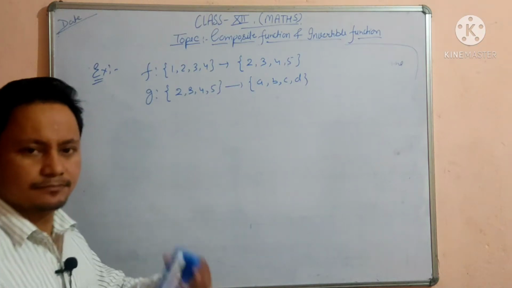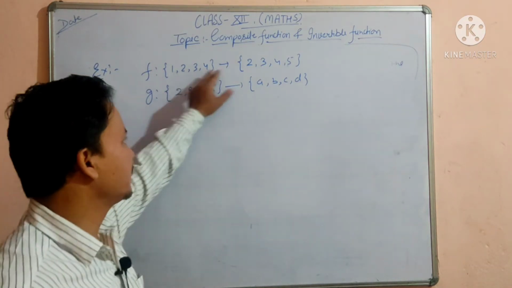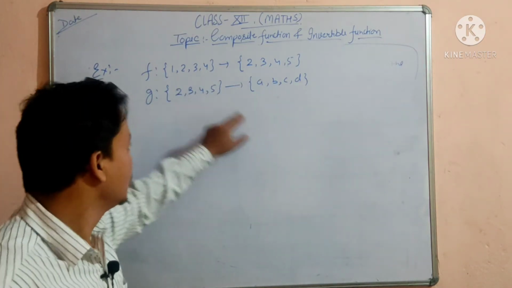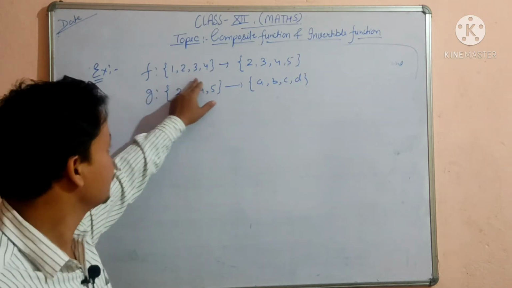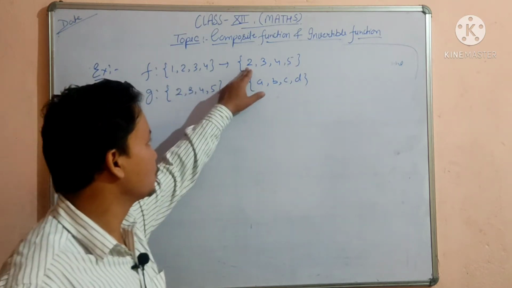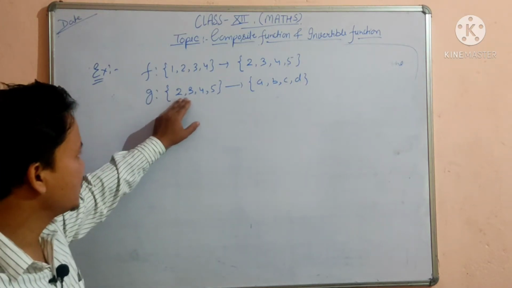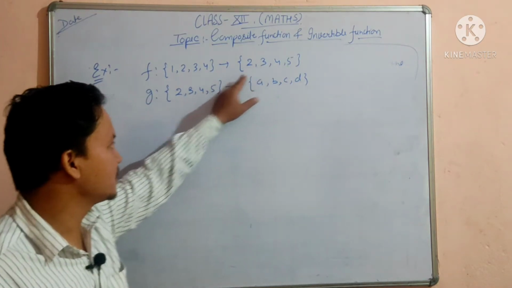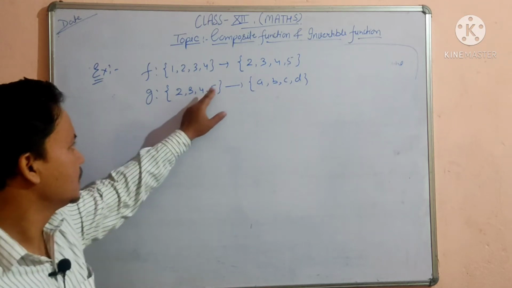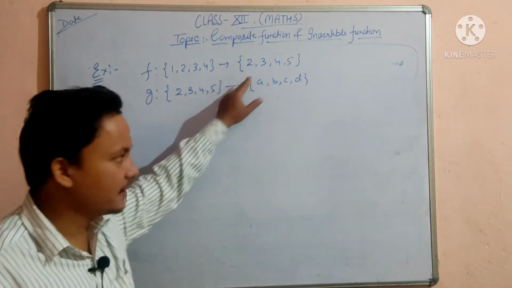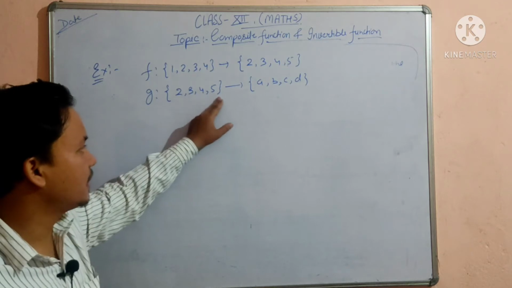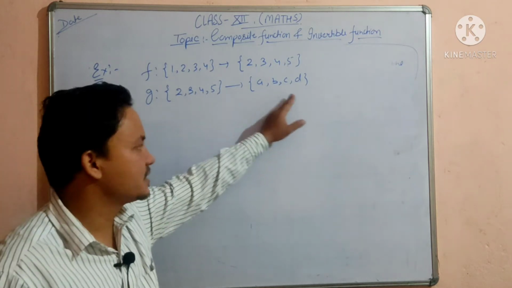Here I have given some values to domain and codomain of both the functions. F is a function existing from domain 1, 2, 3, 4 to codomain 2, 3, 4, 5, and g is another function whose domain is the same. Output of first one is input for the second. So domain of g will be codomain of f, it is 2, 3, 4 and 5, and the codomain of g is a, b, c and d.